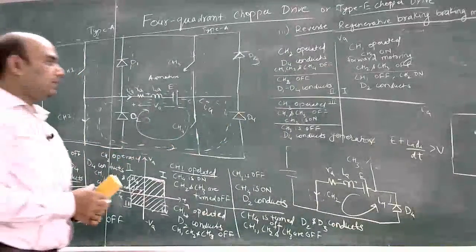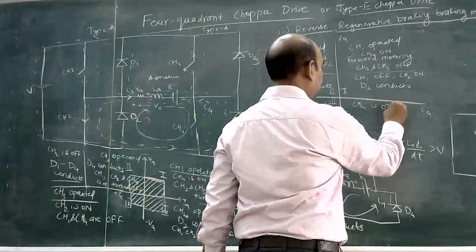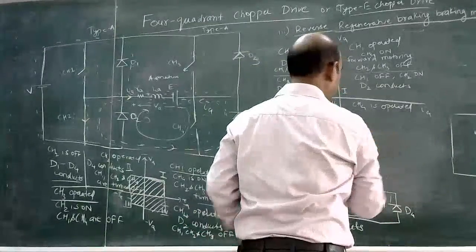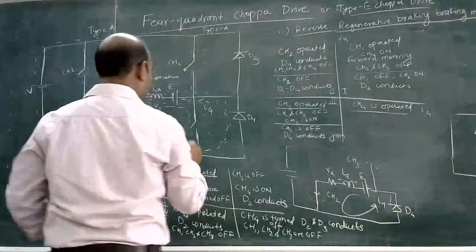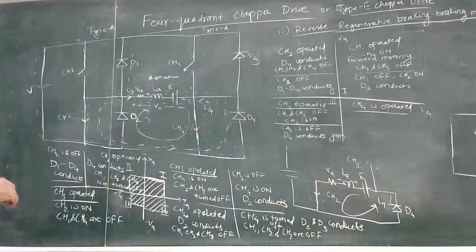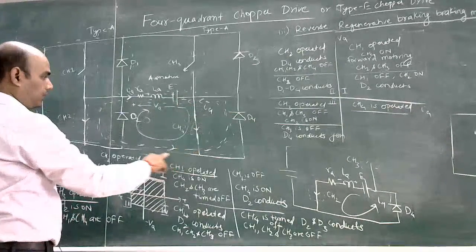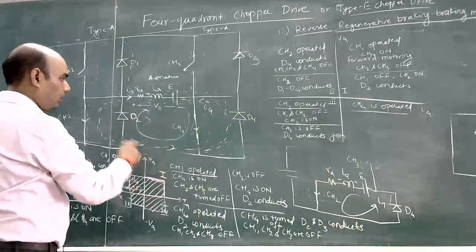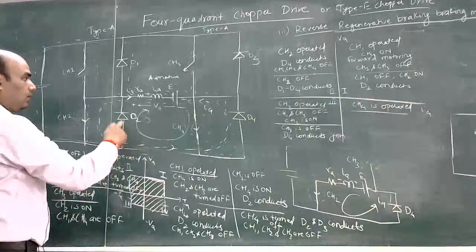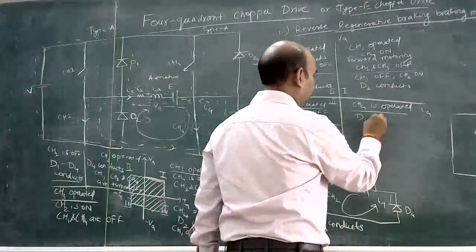And the last condition is when CH4 is operated. The current can flow through D2 only, so D2 will conduct.